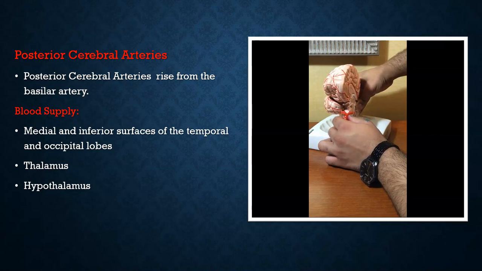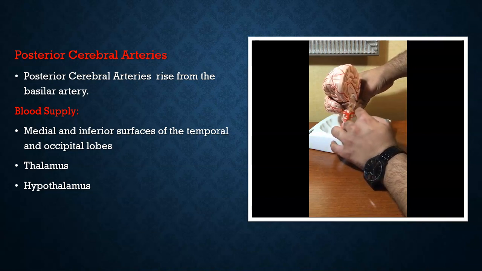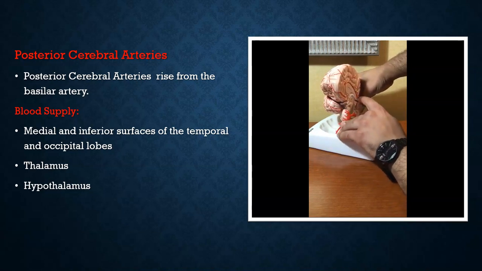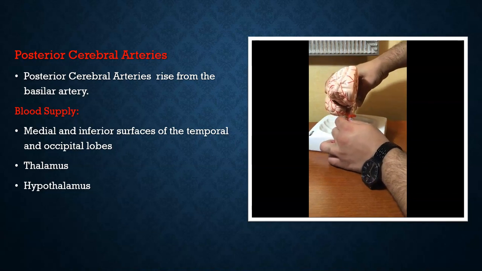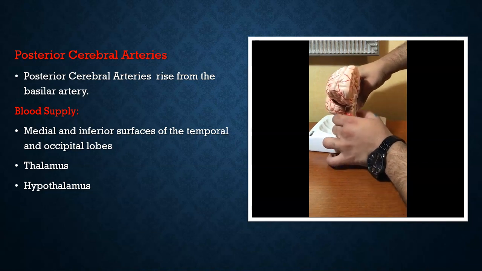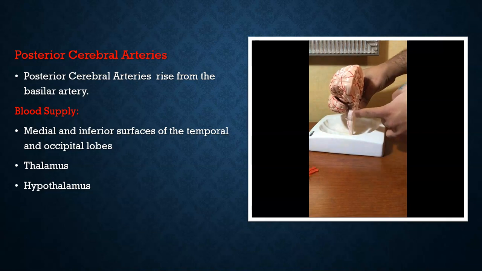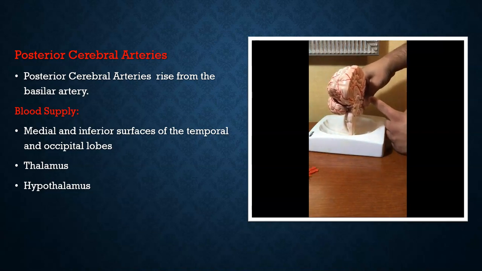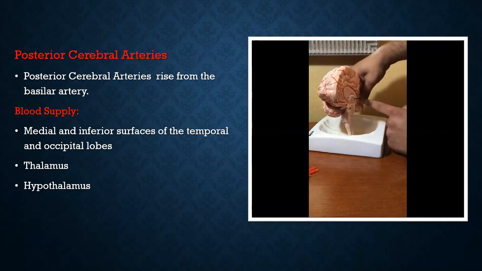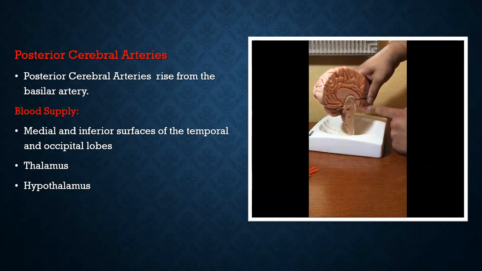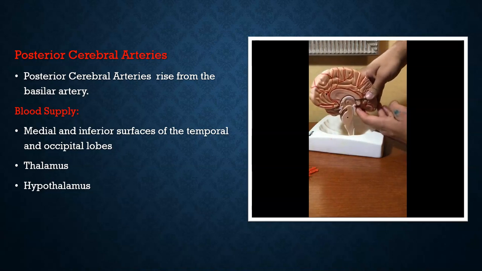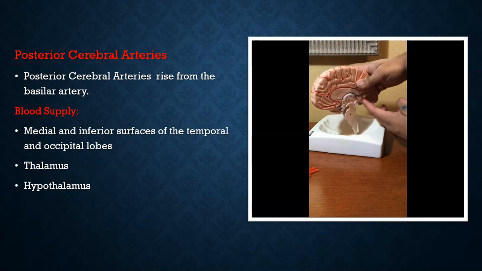They come out here and go backwards, posterior to the brain. They come out and go backwards, and they supply blood to the occipital lobe.